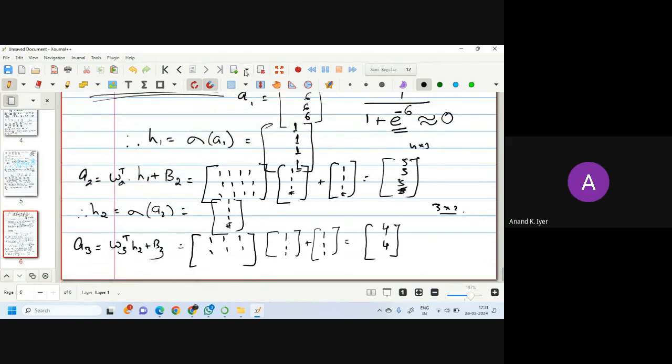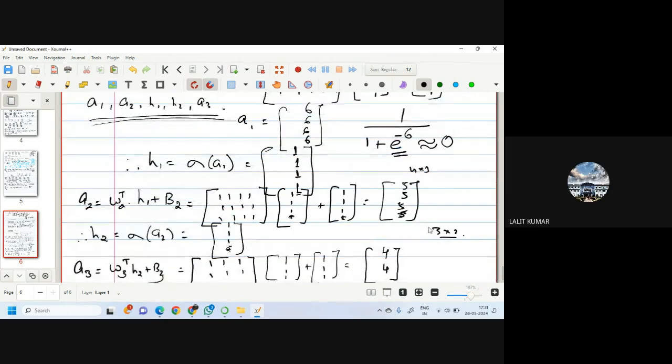One second. In the A2 calculation, A2 is W2 transpose into H1 plus B2. I'm reading from the formula: A2 is equal to W2 transpose into H1 plus B2, right? So W is 3 into 4.